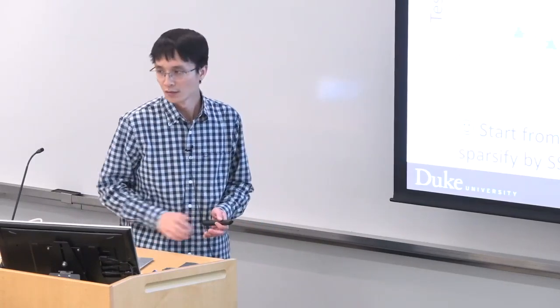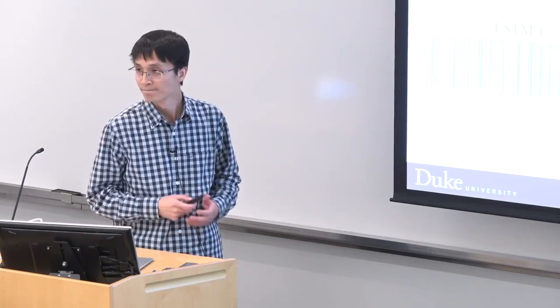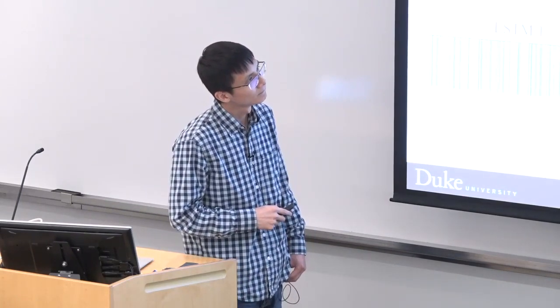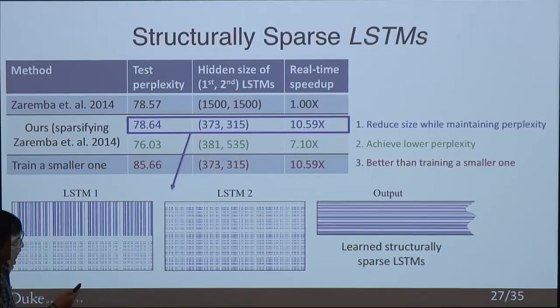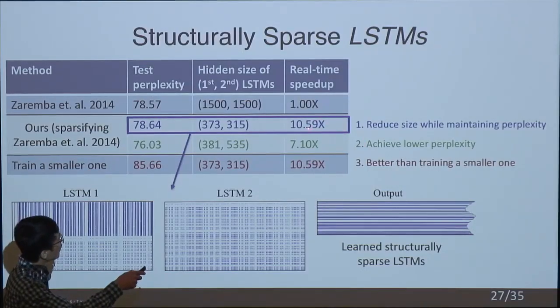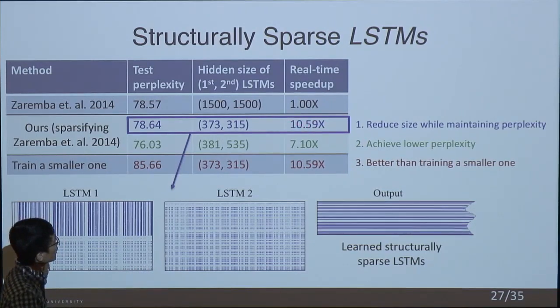Can you explain why, when you reduce the parameters, you still get better perplexity? I mean the second, the gray line. You get better perplexity, but with fewer parameters.